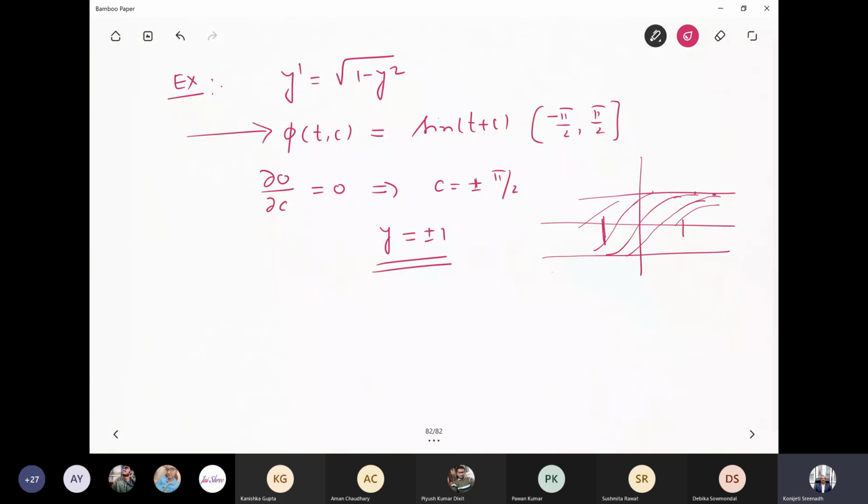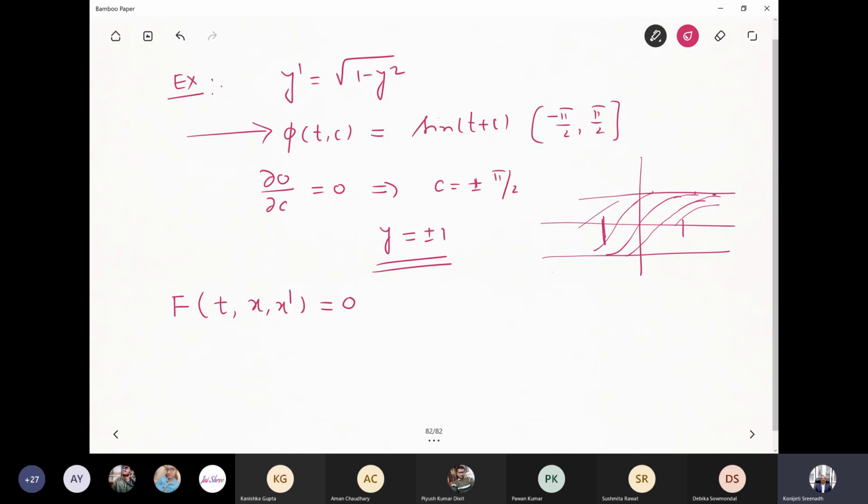Say, for example, if I am given the equation in the form f(t, x, x prime) equals 0, then you differentiate this.